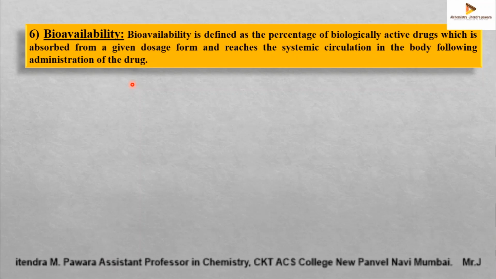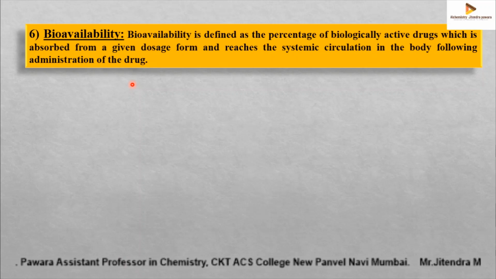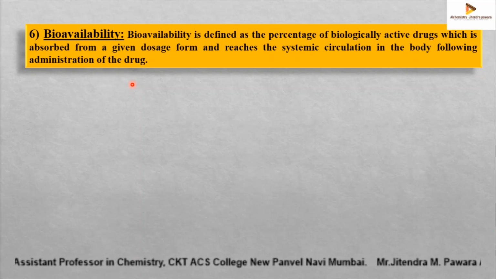For example, water-soluble drugs have higher bioavailability as they are easily absorbed. In case of a chiral molecule, if a racemic mixture is used, then the bioavailability is less than 50% because only one of the isomers is biologically active. In a racemic mixture you have two isomers, two enantiomers.